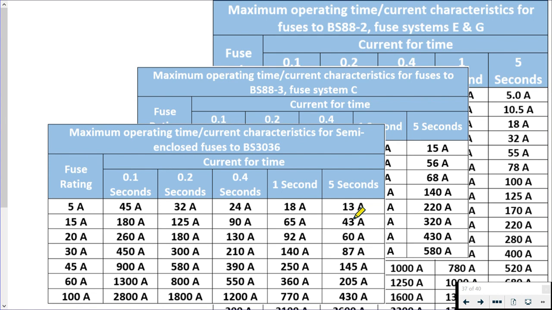Now, depending on the installations that you work on, you'll see that I've got all of the fuses. If you work on installations where it's predominantly fuses that you are working on, go down that 5-second column for every device that you regularly work with and work out your maximum resistance between your exposed and your extraneous conductive parts and make yourself up a wee table.